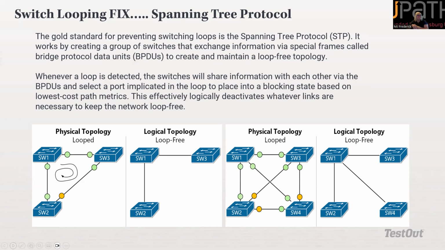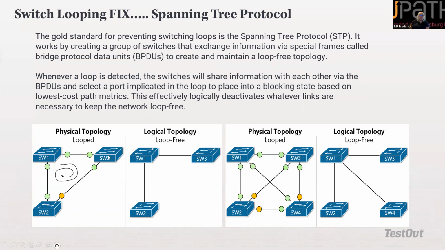So whenever a loop gets detected, the switches will share this information with each other, utilizing this bridge protocol data unit information, and select a port implicated in the loop to place into a blocking state based on the lowest cost path metrics. So this effectively logically deactivates whatever links are necessary to keep the network loop free. That's the purpose of it.